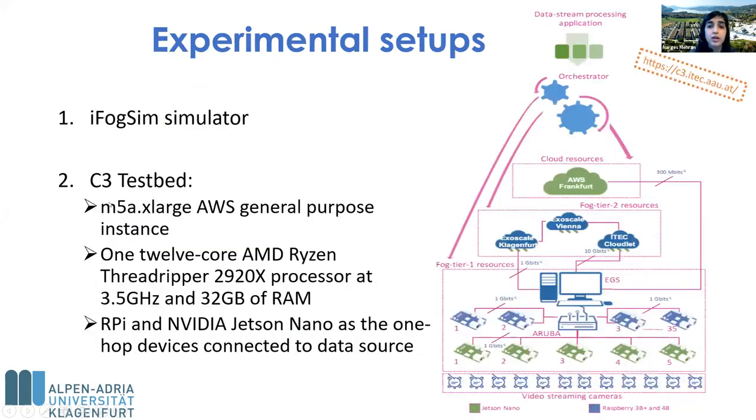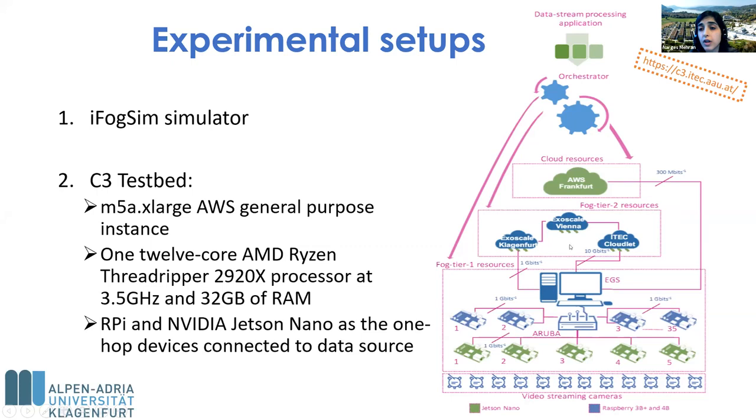For the experimental setup, let me explain that we have considered both simulation evaluation, which we did in the iFogSim simulator, and also a testbed, for which we designed this Carinthian computing continuum. For that, I would like to ask you to refer to this website.